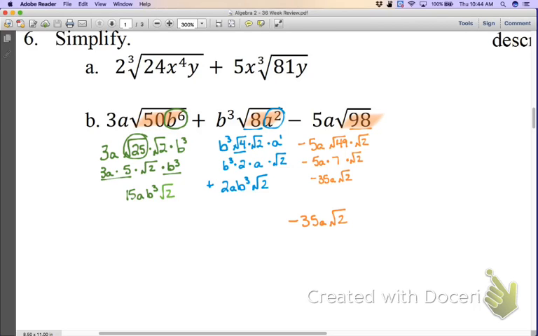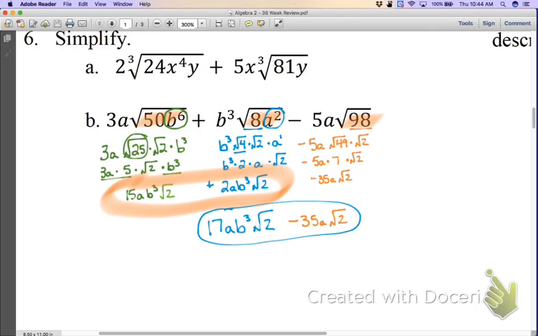I can, however, combine these two because everything's the same. A's match up, b to the thirds match up, and square root of 2's match up. So what's 15 plus 2? 17. So 17a b to the third times the square root of 2. So there is my answer.